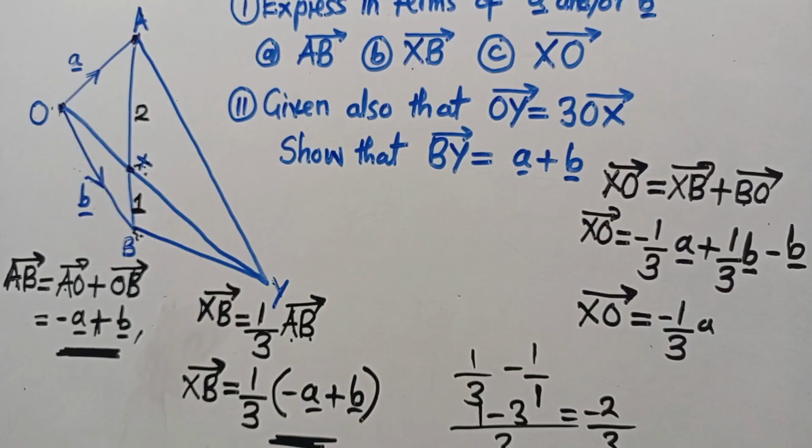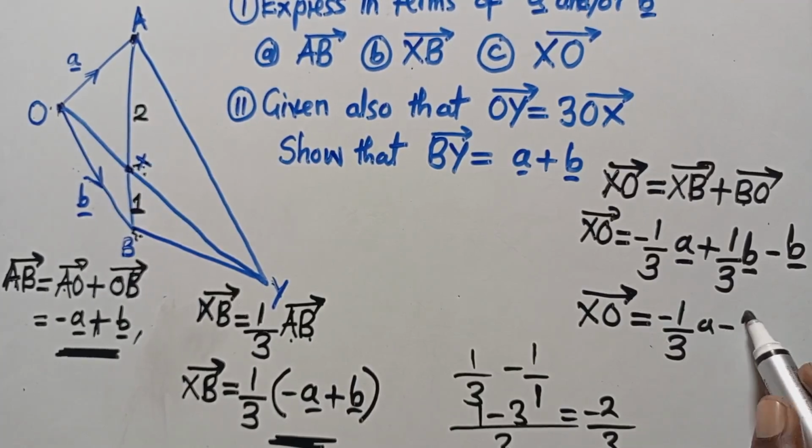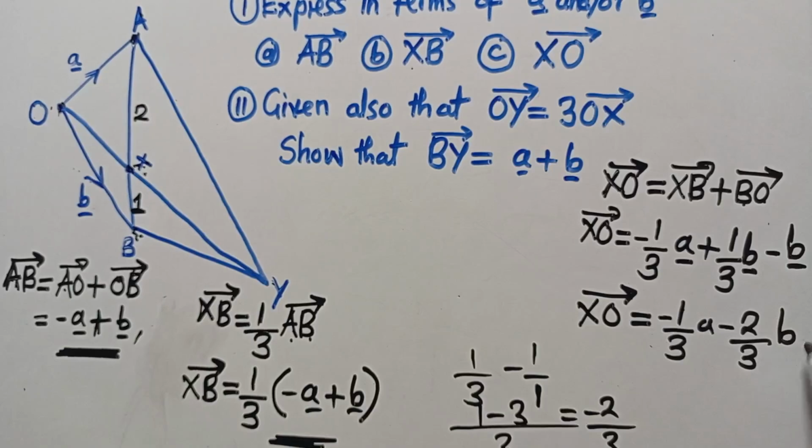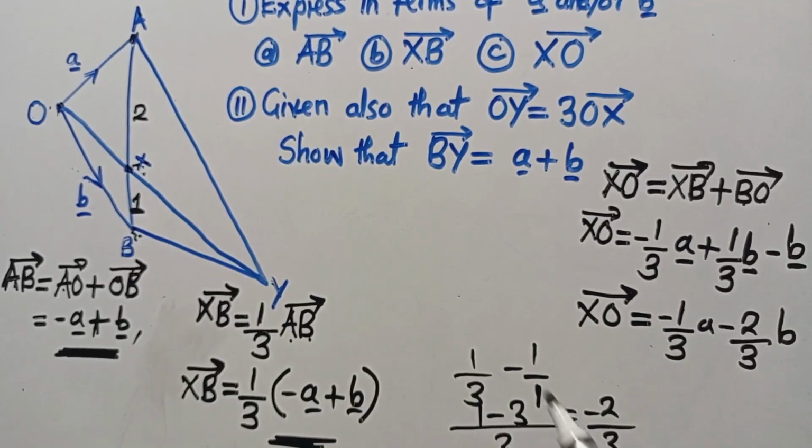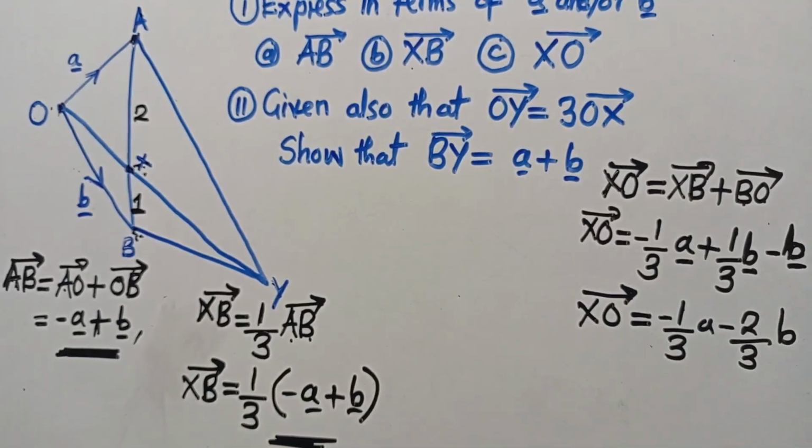So this is the answer that I'm going to get. Negative 2 over 3, and I'm having a B, so I'll just put a B there. The reason why I had to put a 1 here is that the coefficient of B is 1, so I can't say negative B, I'll say negative 1. I'm telling you the easiest way to answer these questions.